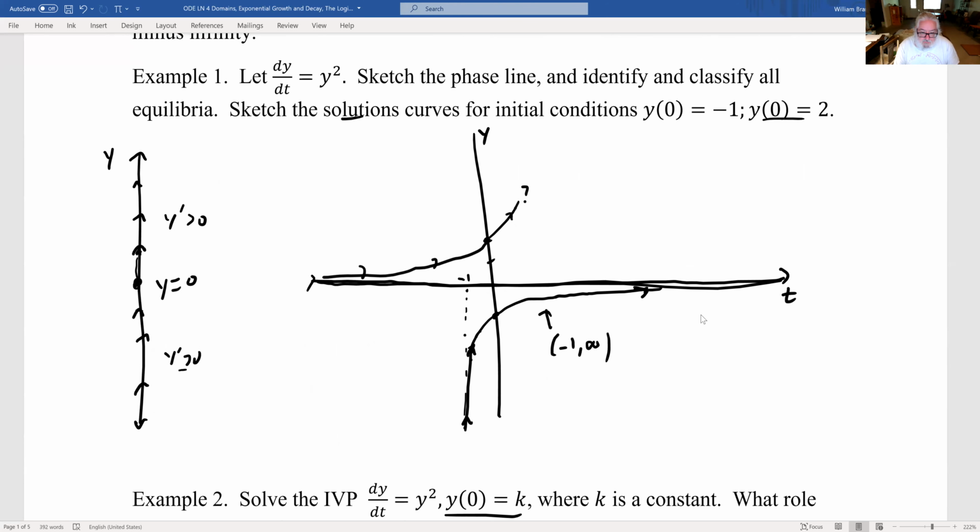So this one will have a vertical asymptote at 1/2, and the domain of this function is going to be -infinity up to 1/2. So these actually have vertical asymptotes. The domain is not defined for all t. You have to be able to solve the equation to figure out the exact domain.